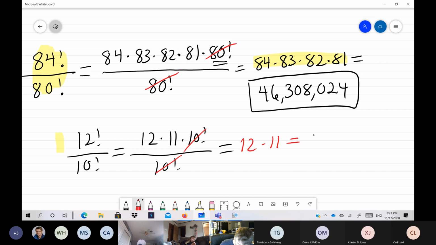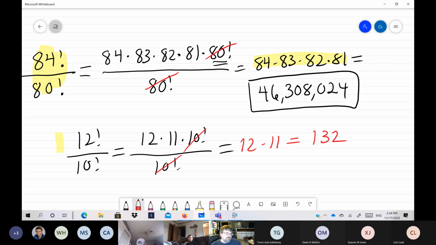Especially what 12 times 11 is. That's 132, I think. You can't just cancel the factorial signs, by the way. This isn't the same as 12 tenths. Be aware of that.